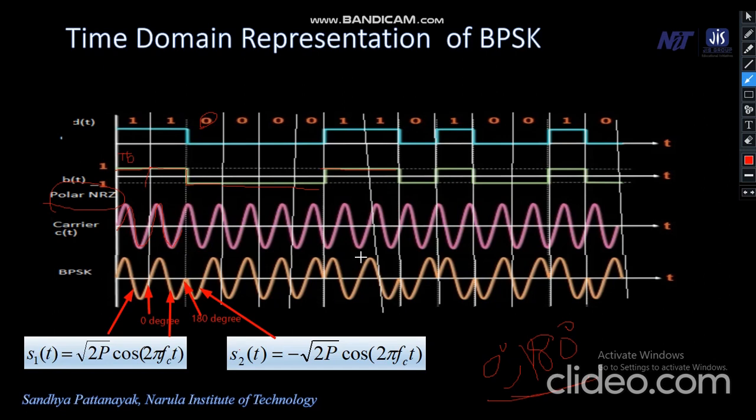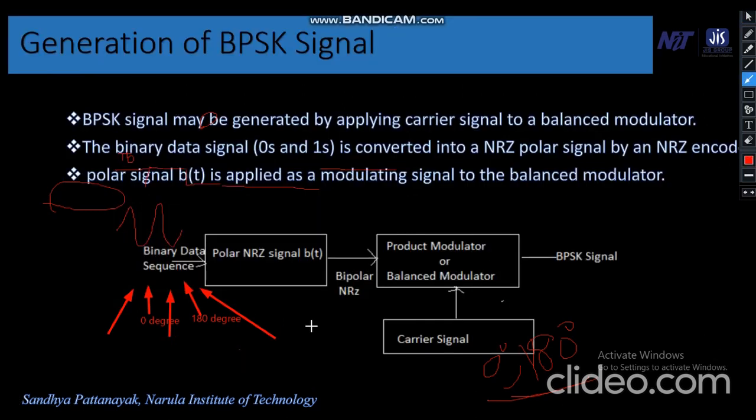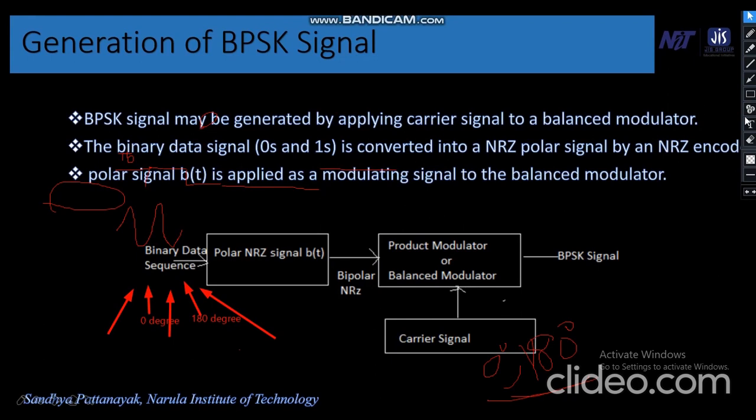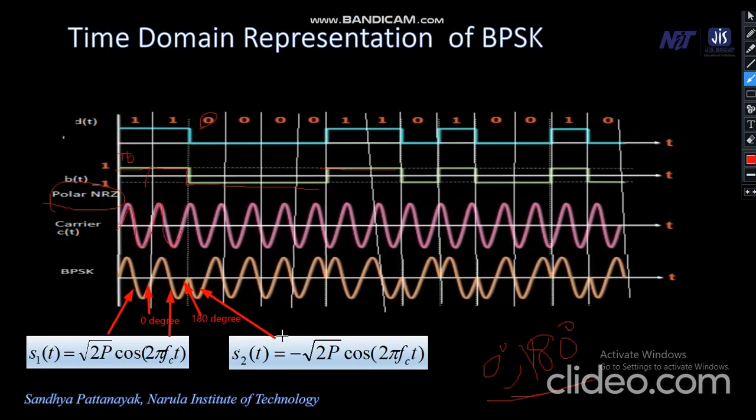So let us continue here. You see, what is the fourth bit? It is a binary 0 again. So binary 0 means it is given by negative voltage. So minus 1 volt multiplied with cos 2 pi fct will give again minus root over 2P cos 2 pi fct. So you can say that this waveform is also equal to minus root over 2P cos 2 pi fct.